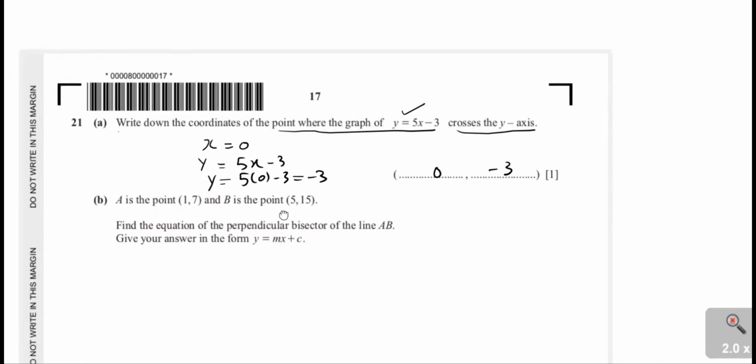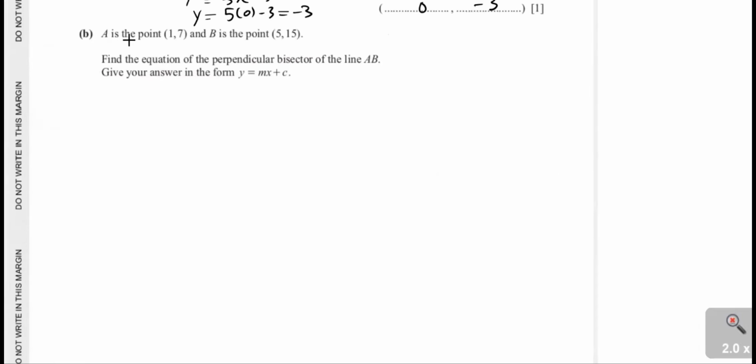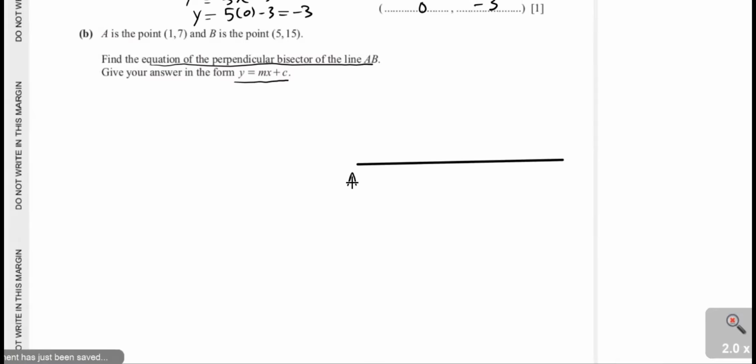Next part B, if A is the point 1, 7 and B is the point 5, 15, find the equation of the perpendicular bisector of the line AB. Give your answer in the form y equals mx plus c. Suppose these are the endpoints of line AB. The coordinate of A is 1, 7. The coordinate of B is 5, 15.